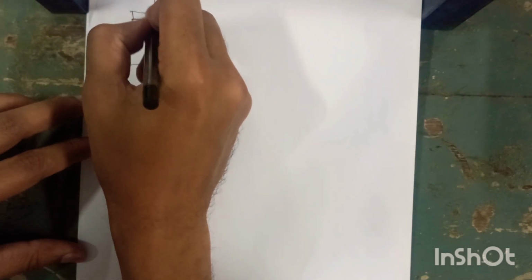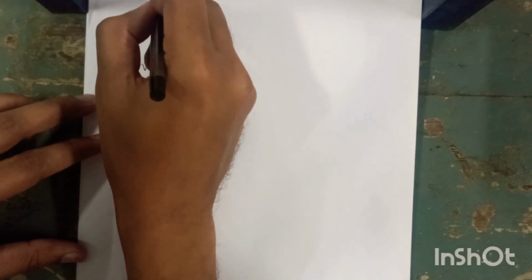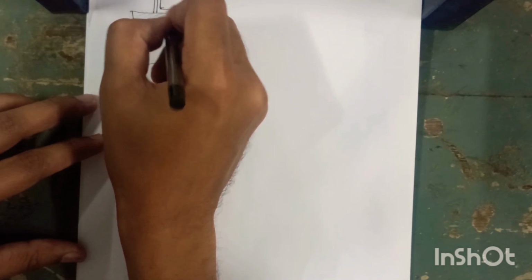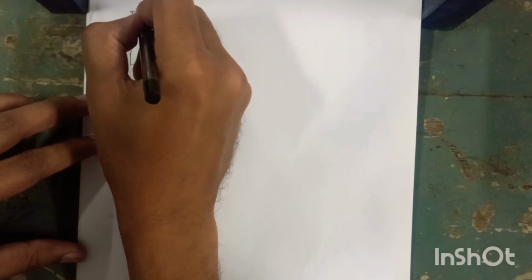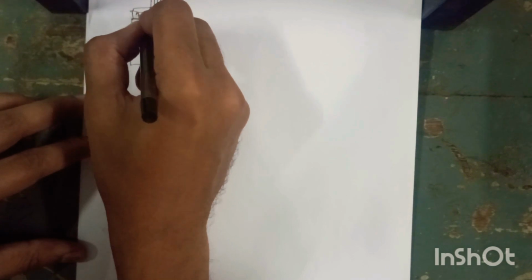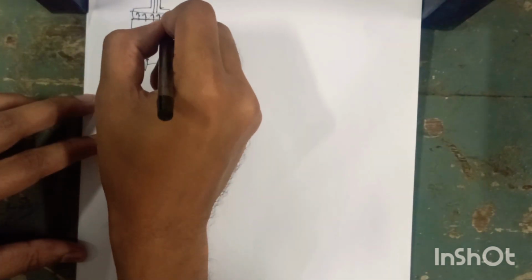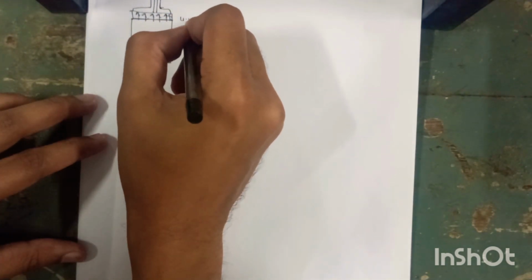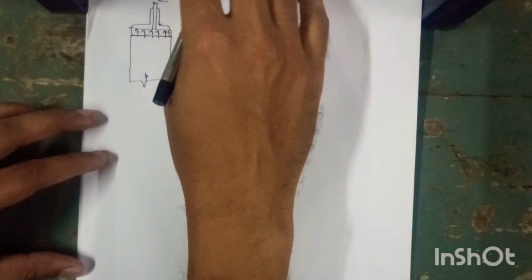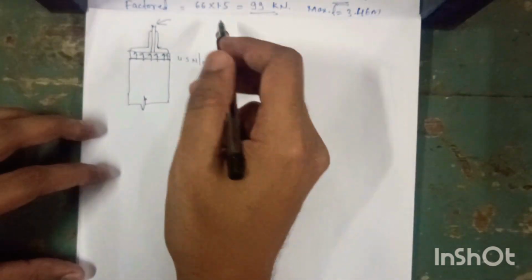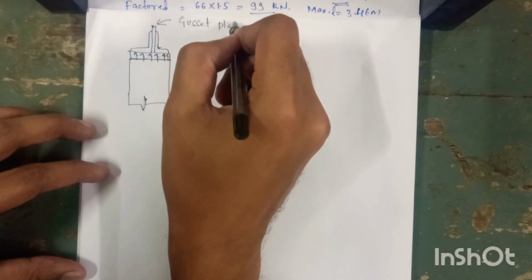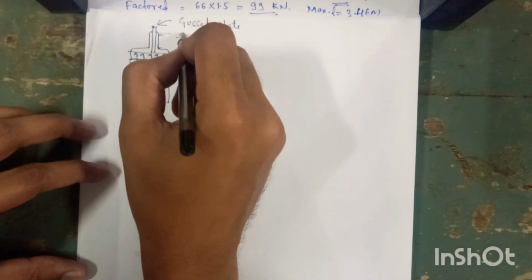On this we have say a gusset plate, then shoe angles on either side. We have already seen that the base pressure is 4.5 Newton per square mm. This is the gusset plate. These are the shoe angles.